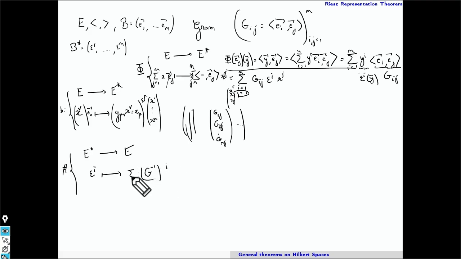So if I write it as a sum, from 1 to n, ek. Of course, if I write it as a column vector, I would have g minus 1, line 1, column i, direction e1, g minus 1, line 2, column i, direction e2, and so on, g minus 1, line n, column i.